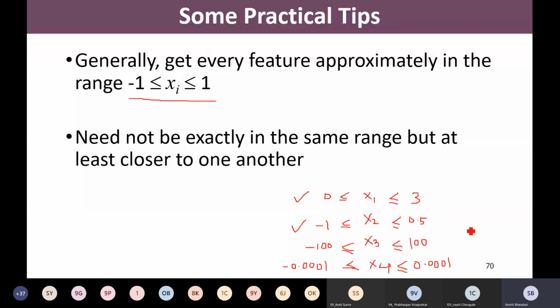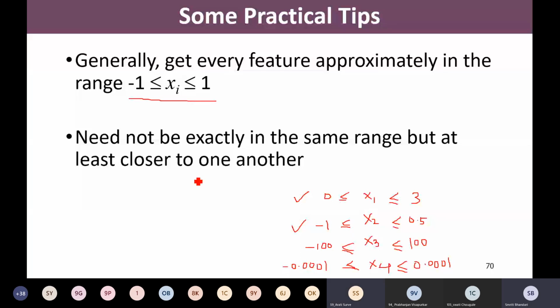But if we consider x3 or x4 and look at the range, then this range differs a lot. So if we have such values, let it be as it is.